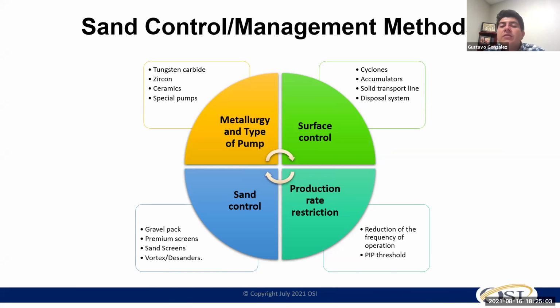So we need to design the right one based on the target and the philosophy that we have as an operator. If I'm planning to keep this well with a higher runtime, and my depletion curve is not that high, and I'm regulating that inflow, you maybe can accomplish a higher runtime.